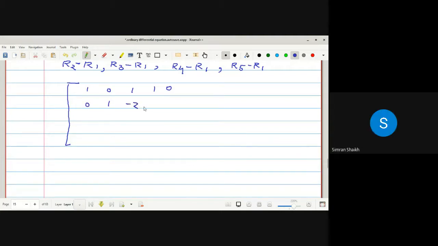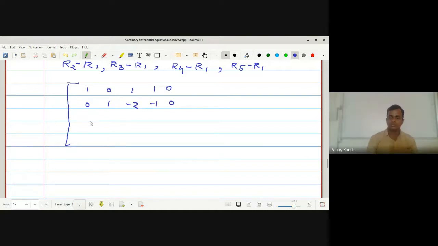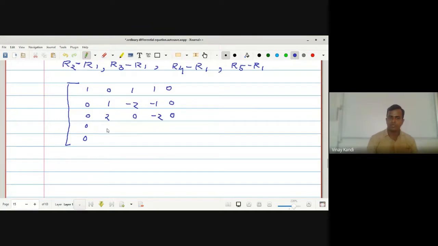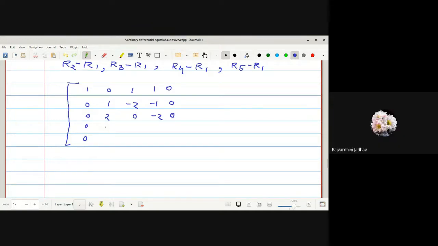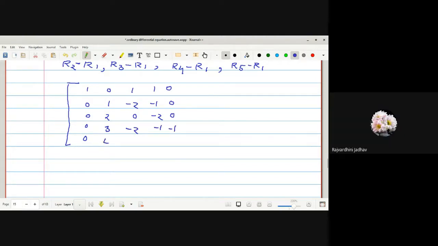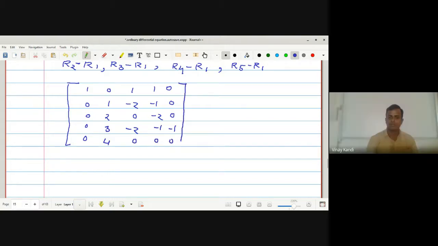Third row is 0 in everything: 0 2 2 0 0 -2 0 -2 0. Fourth 0 0 3 3 -2 -2 -1 -3 -1. Fifth row 0 4 0 0 0 0 0. Okay, and this is as it is C1 C2 C3 C4 and C5.